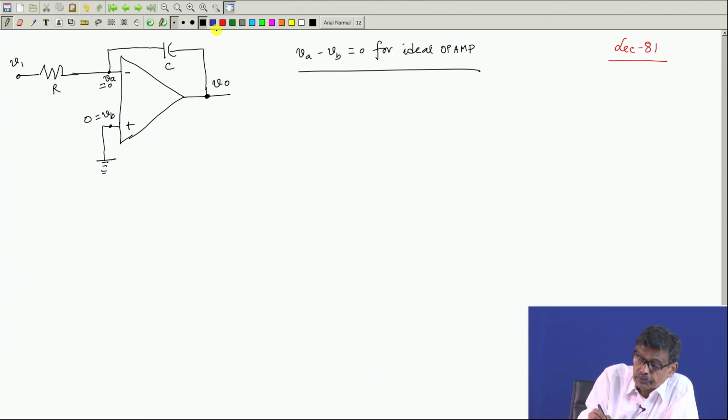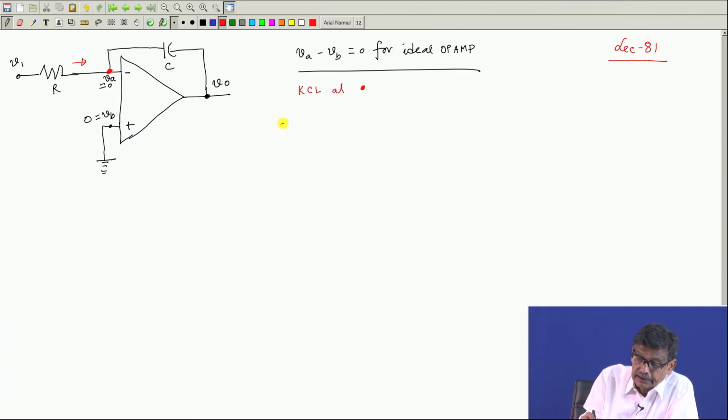So, what do you have to do? Same procedure, you have to write down KCL at this point. KCL at this point will be how much? The current going in here, this is V naught. So, how much is the current going here?